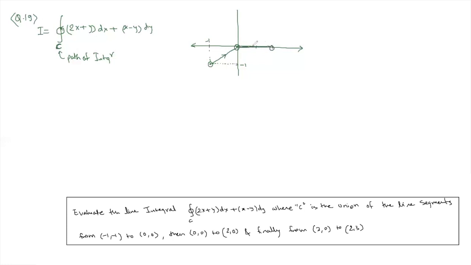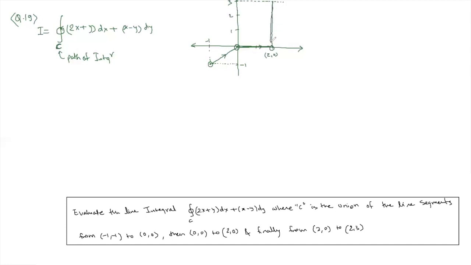Other one, (2, 0) to (2, 3). Where is (2, 3)? (2, 0) to (2, 3).